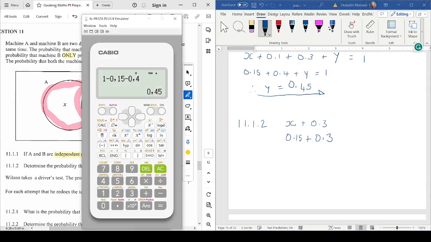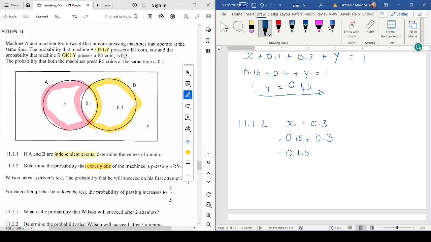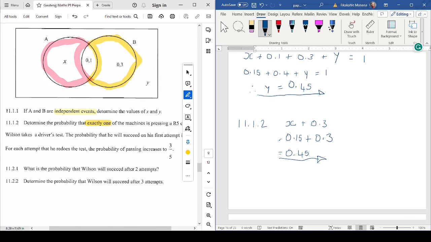If we put that in a calculator, 0.15 plus 0.3, what do we get? We get 0.45. Yeah, that is our probability that we get exactly 1. Just like that.